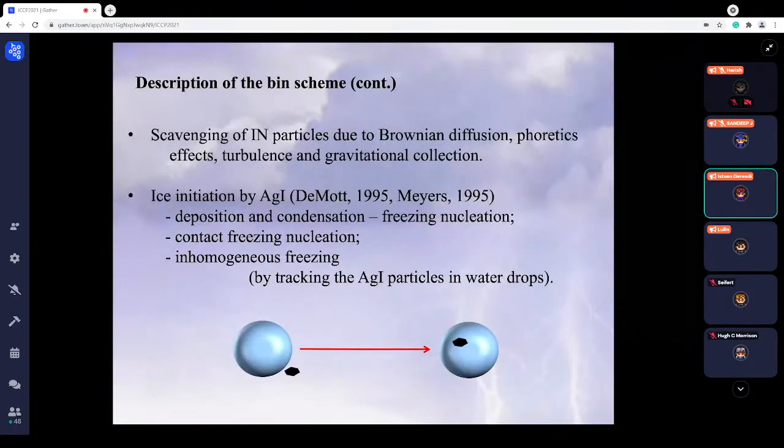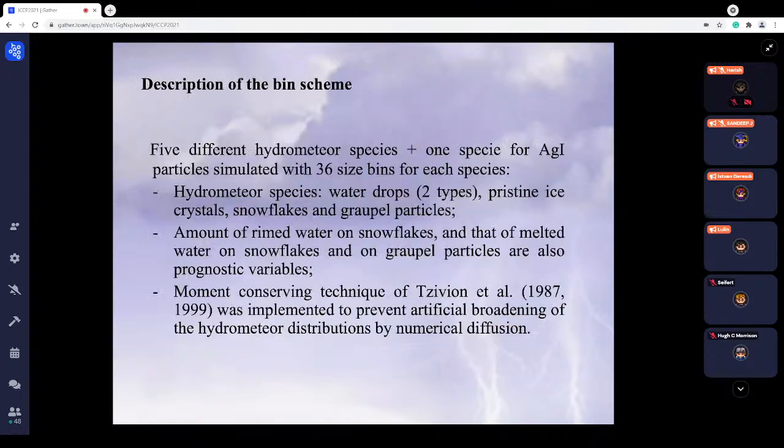And here you can see the summary of the description of the bin schemes we use. The characteristics of the model are well known, I think. We have water drops, pristine ice, snowflakes, and graupel particles. One important thing I have to mention is that we have two different types of water drops.